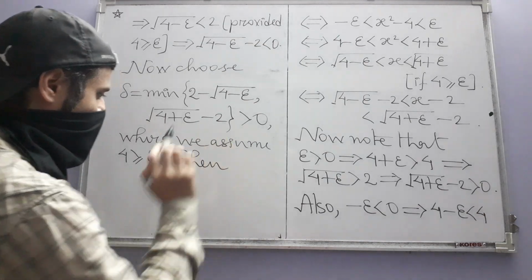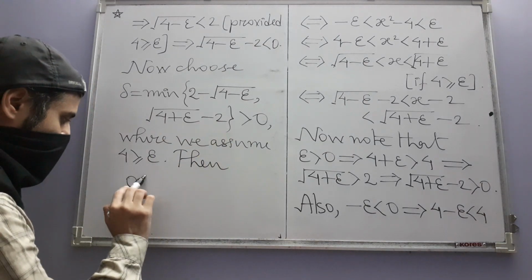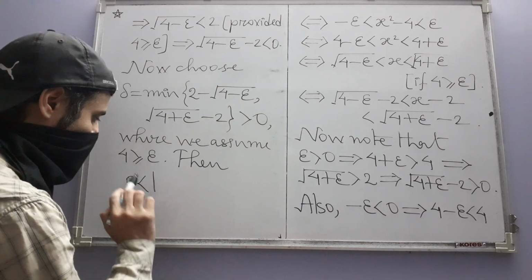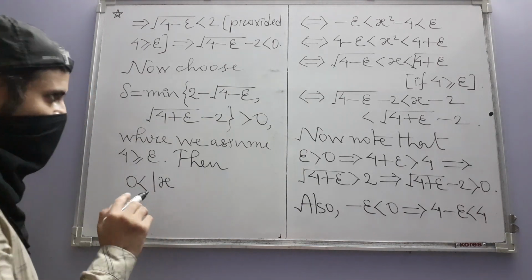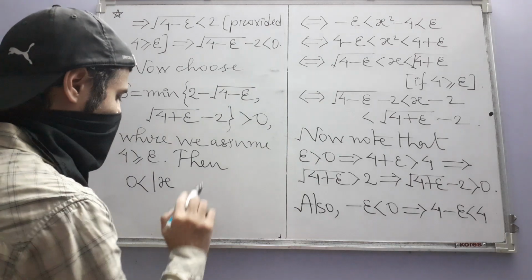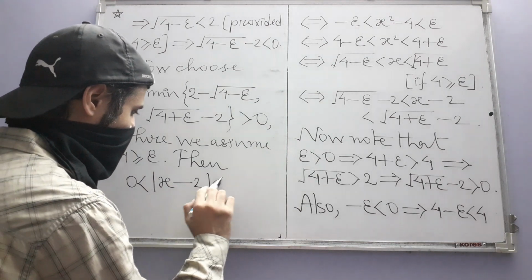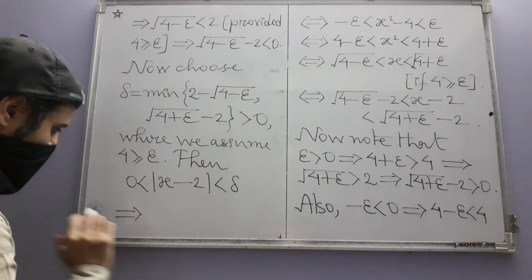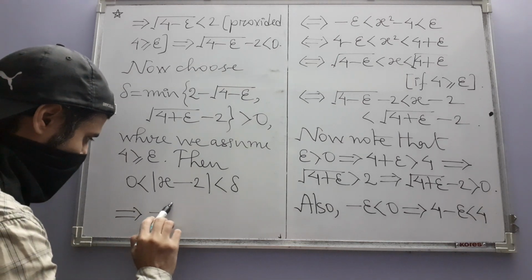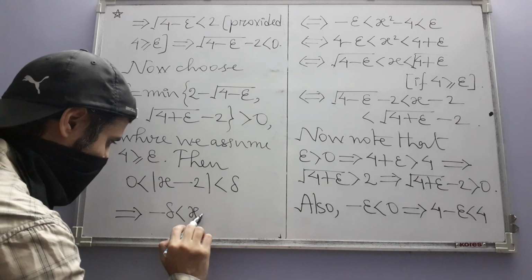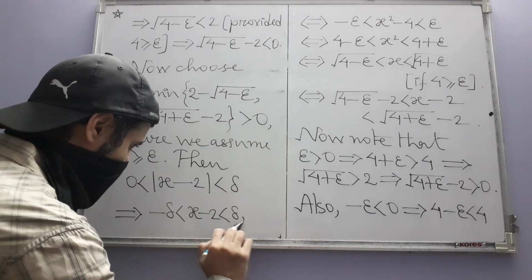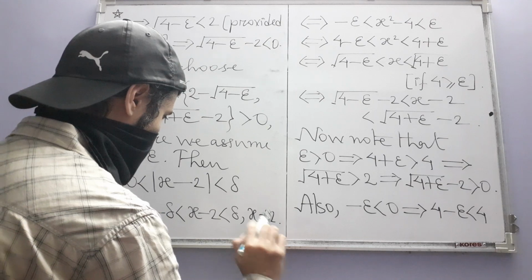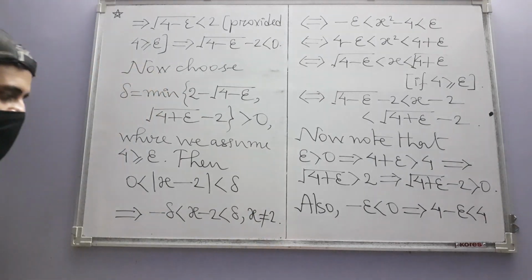Then, if we use this value of delta, are we going to get what we want? Let's see. This implies minus delta is less than x minus 2 is less than delta, along with x not equal to 2.